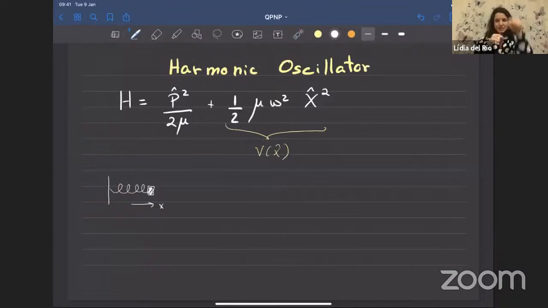So it has some rest position in the middle, and this will be your x equals 0, and then the further you pull it, the more the force pulls back.